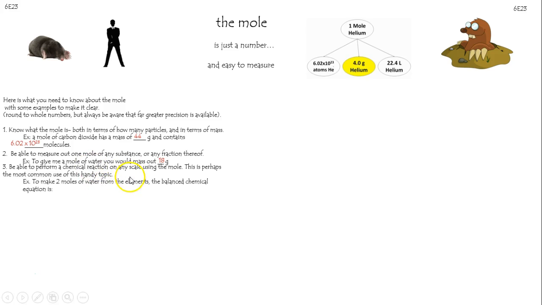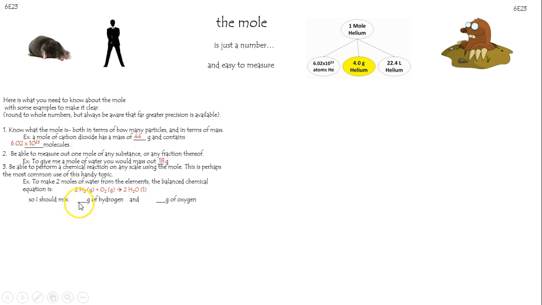Let's be able to perform chemical reactions using the mole. I need 2 moles of water, and I happen to have some hydrogen and some oxygen on my parched desert island. Can I make some water? Sure. Let's do it. I have a balanced chemical equation, 2 to 1 to 2.